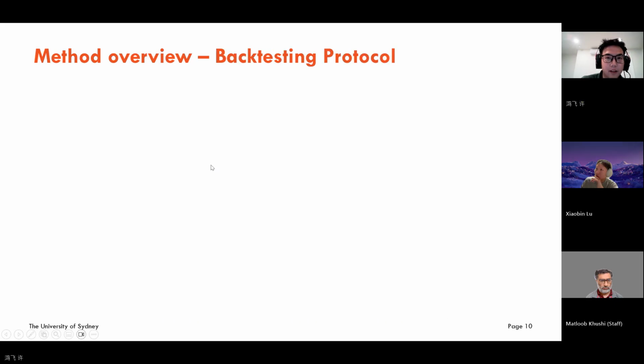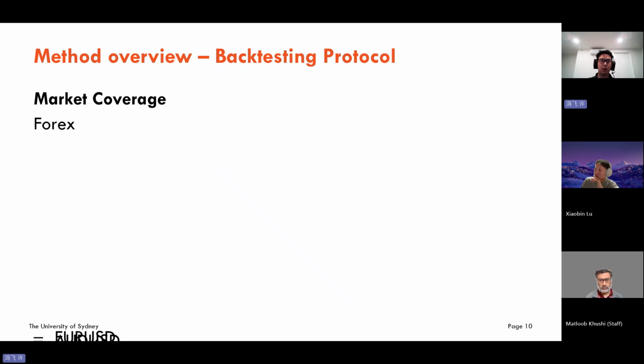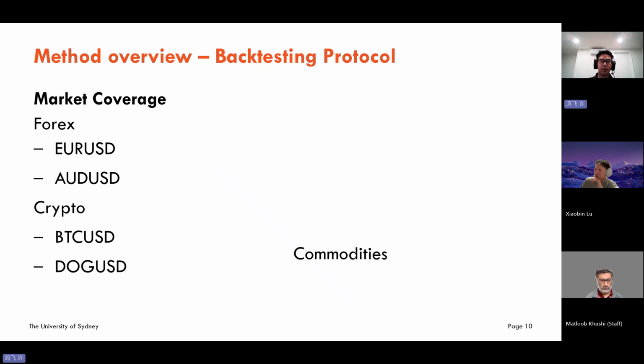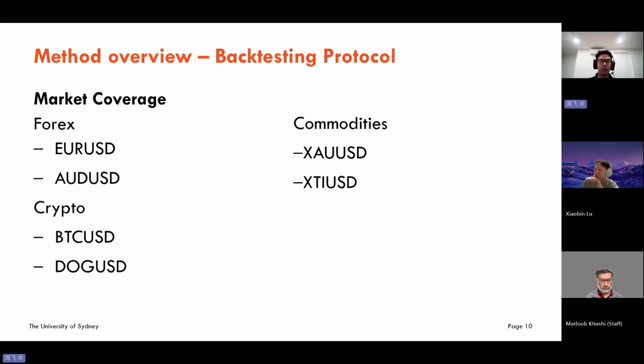So another thing about this is our backtesting protocol, and I have 6 markets in total. I assume you guys already know the property of each market. Someone is going up and down regularly, someone like Euro USD is going smoothly.